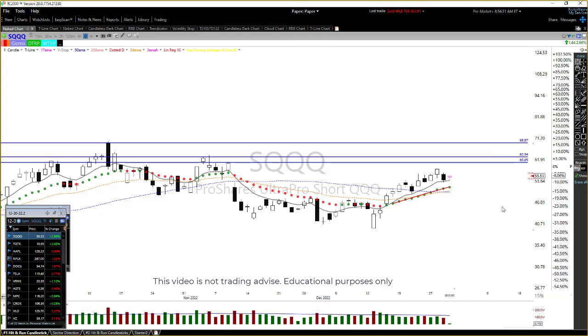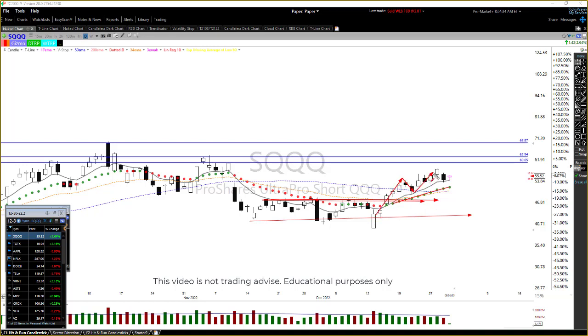You can see this SQQQ, we've got this bottom that rolled in here. We've actually got a nice little top right here. Let me make that bigger. We've got this nice top here that we broke out of and then rallied up.